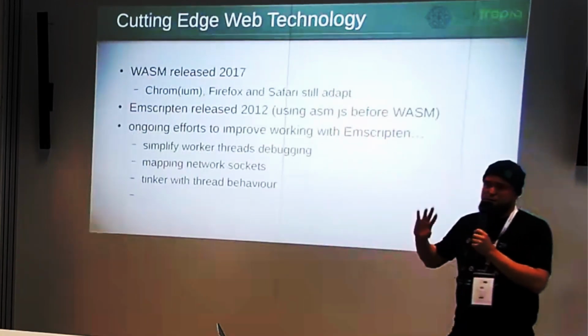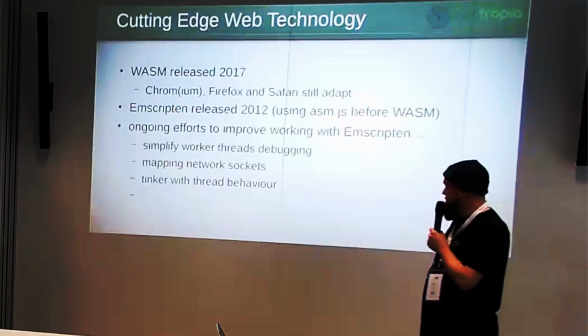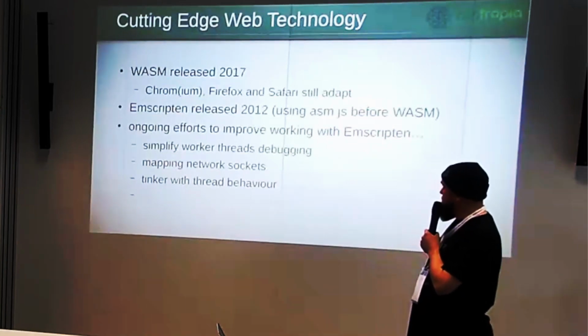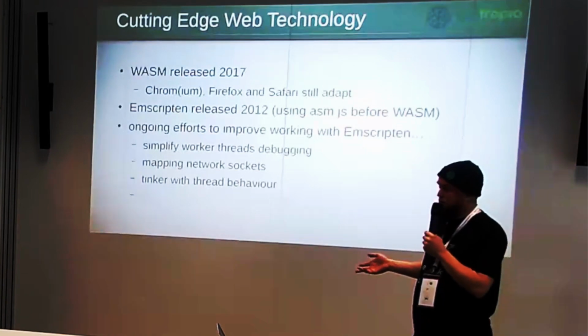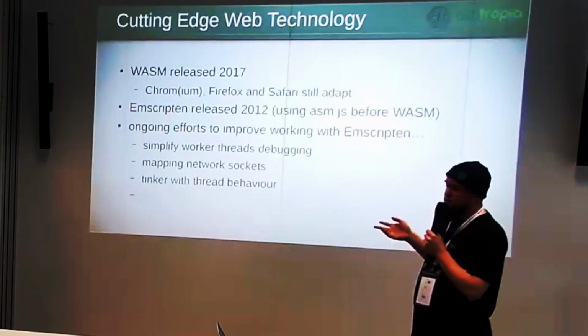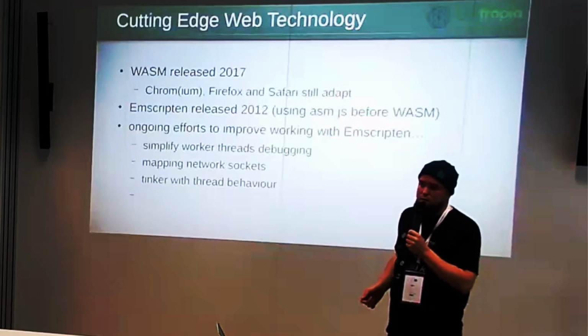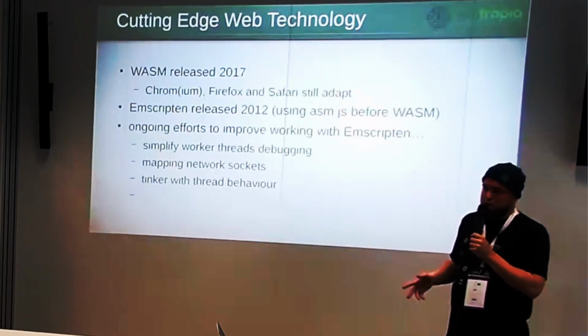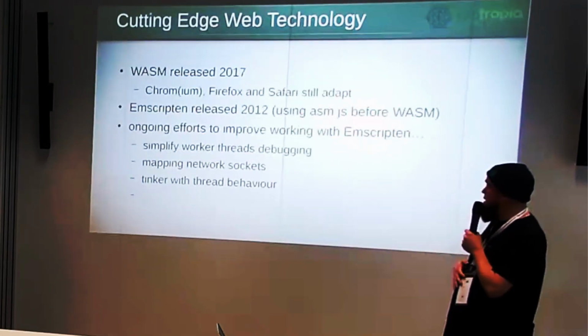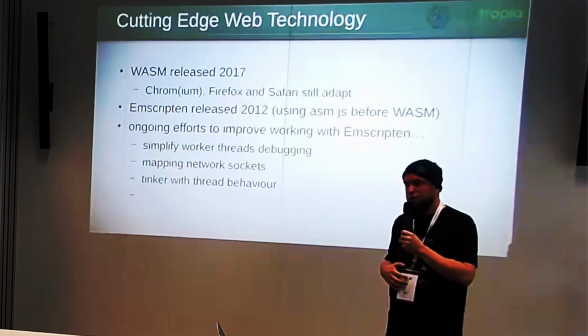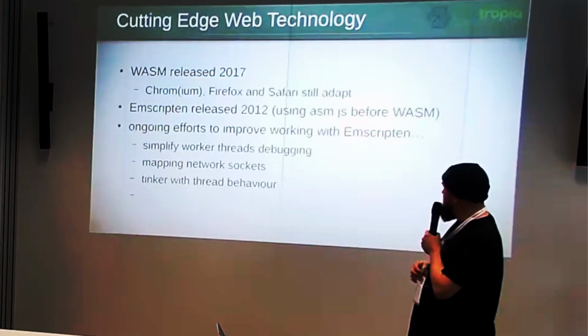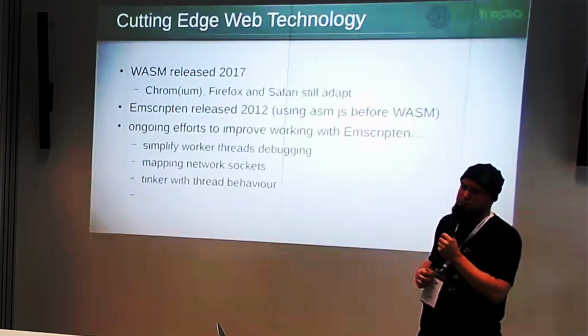Besides that CPU and shared memory stuff, as I said before, WASM was released in 2017. It's not so long ago, but there's still a lot of ongoing development. Chromium is typically leading that. Firefox is usually catching up pretty fast on Chromium. Safari is a little bit what Internet Explorer used to be in the 2000s.